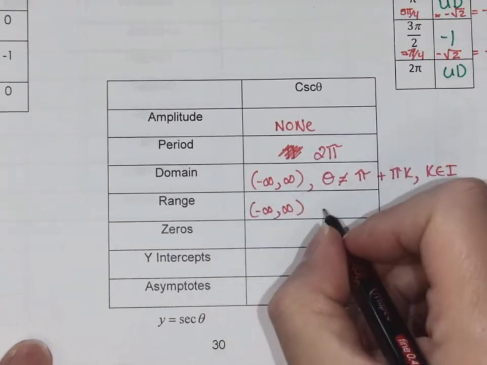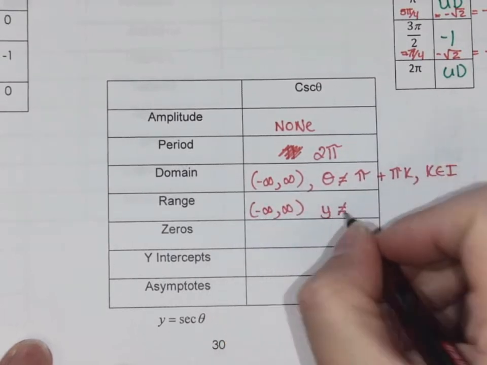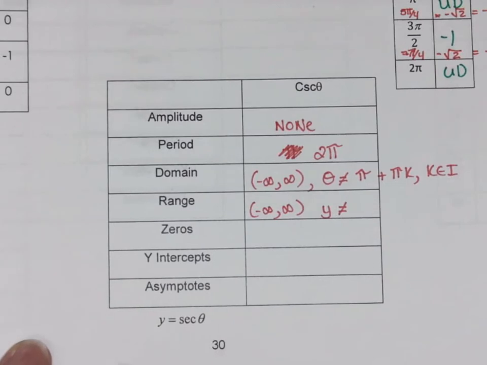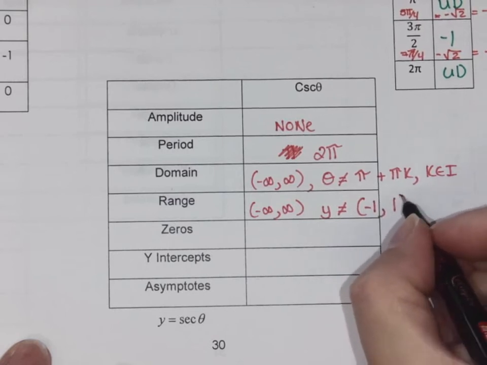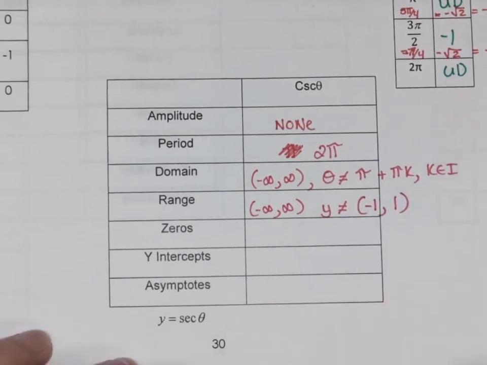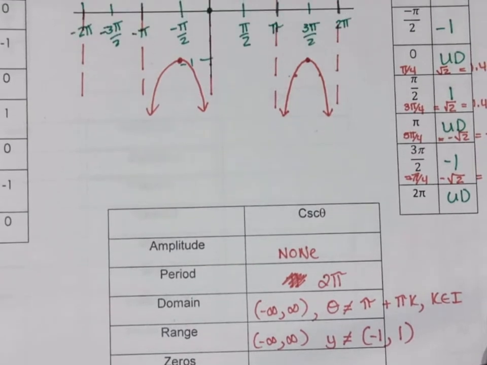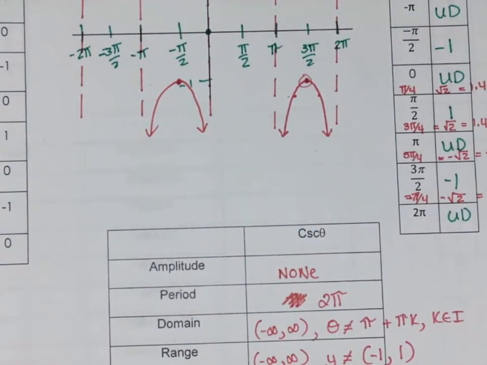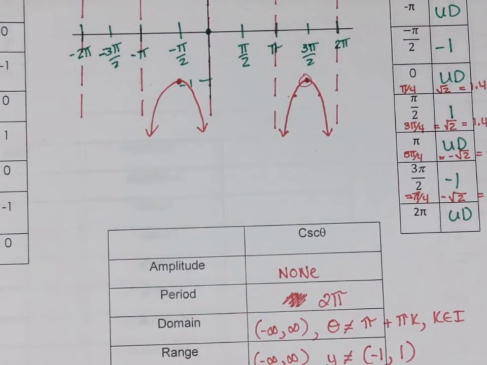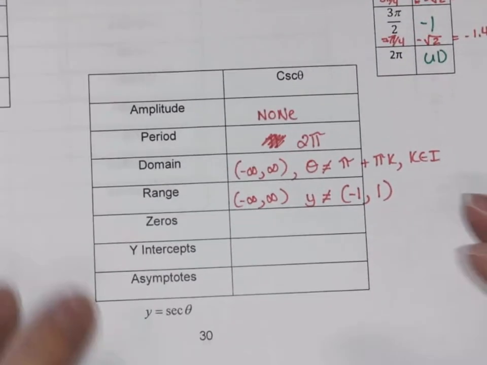So let's go back here. Does it include +1 and -1? Yeah. In the graph, it totally does. So my restriction has round brackets around it. And so I'm saying y cannot equal anywhere between, but not including, -1 to +1. So that area of the graph is fresh and clean.